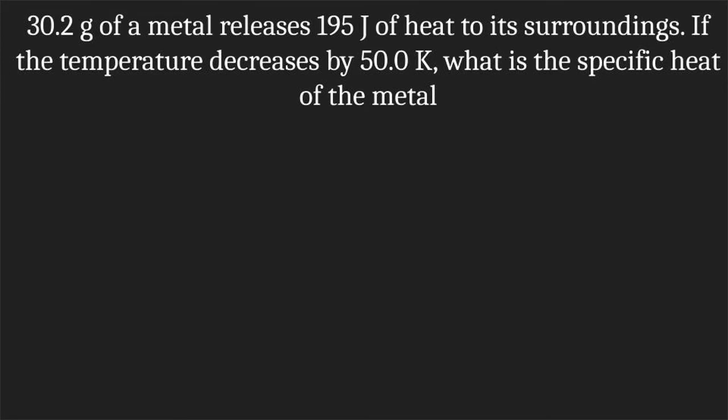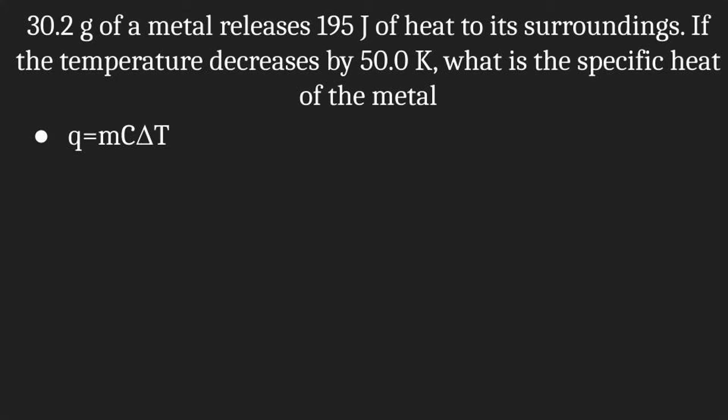For our second example, we are told that 30.2 grams of a metal releases 195 joules of heat to its surroundings. If the temperature decreases by 50 Kelvin, what is the specific heat of the metal? So we're going to start off by writing our equation, Q equals mc delta T. Since we're looking for our specific heat, we're going to be solving for C in the equation.